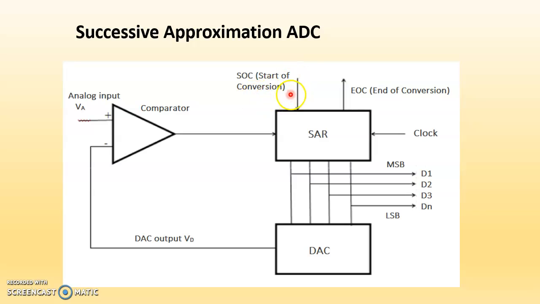The start of the conversion command is also given to SAR, and then clock signals will be given to it. After the conversion is complete, it will generate the end of conversion signal, and the digital signals will be output for this SAR output. So D1 to DN from LSB to MSB.